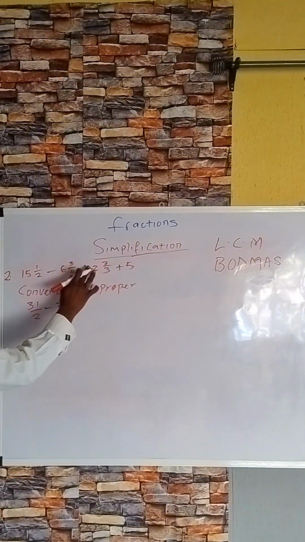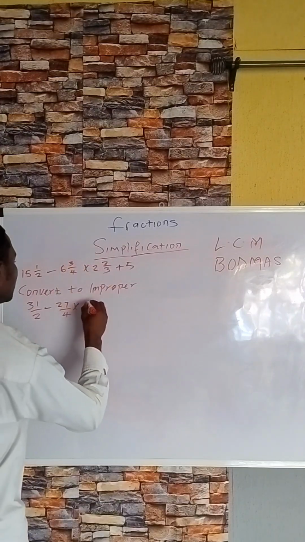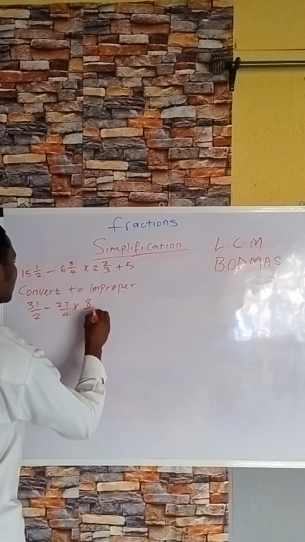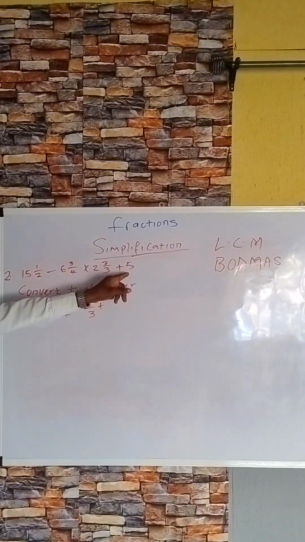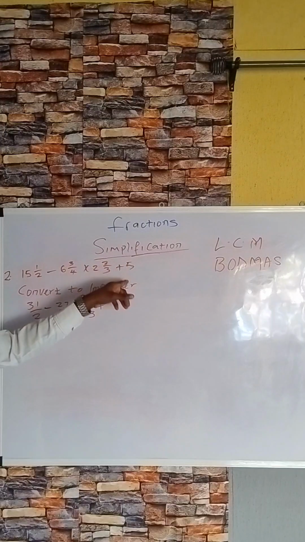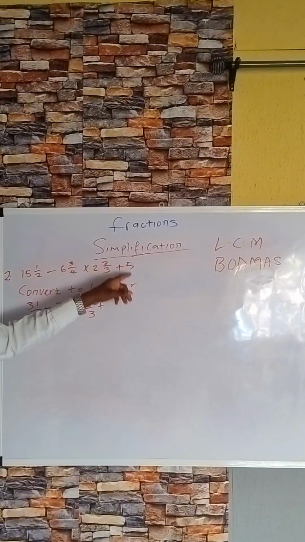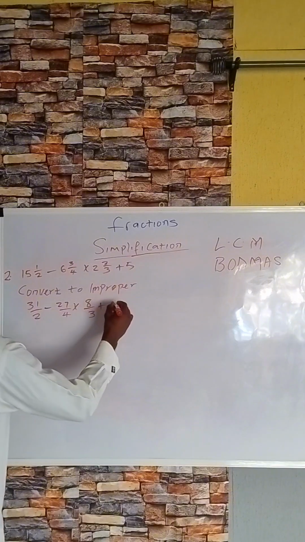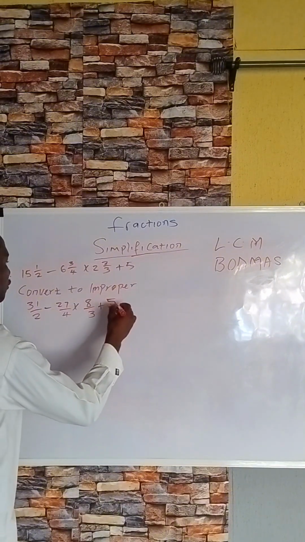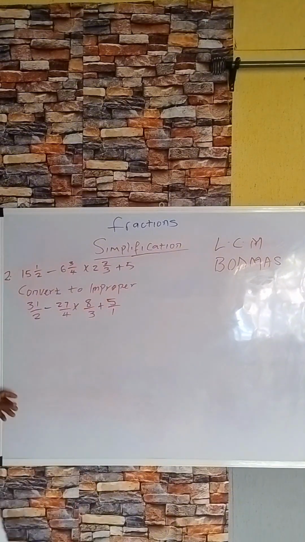So 3 times 2 is 6 plus 2 is 8 over 3. What's the next sign? Addition sign. Now take note, when you see a whole number like 5, it is equal to 5 over 1, because 5 divided by 1 is still equal to 5. So this is going to become 5 over 1.